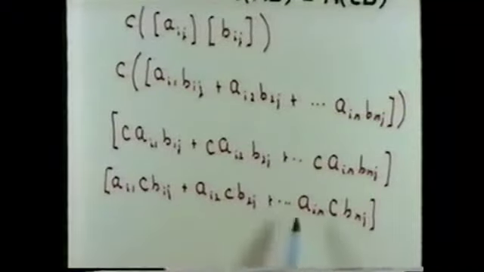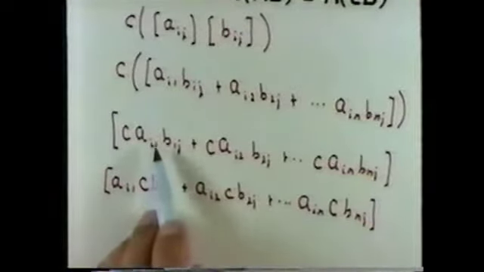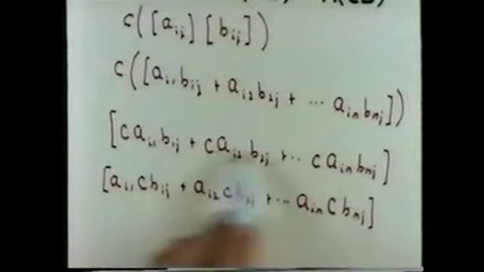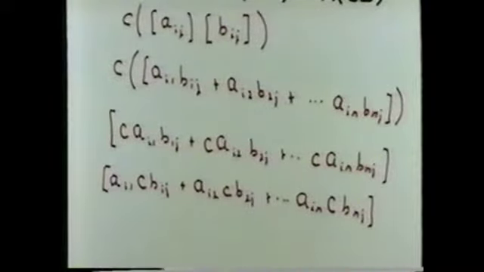Again, the reason I can do that is that they are all just real numbers, and we know the real numbers are associative and commutative, so I can change the order of the grouping basically any way I want to.